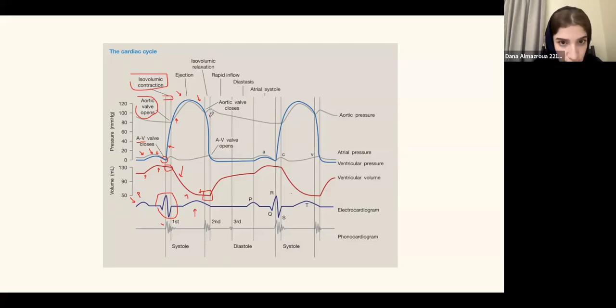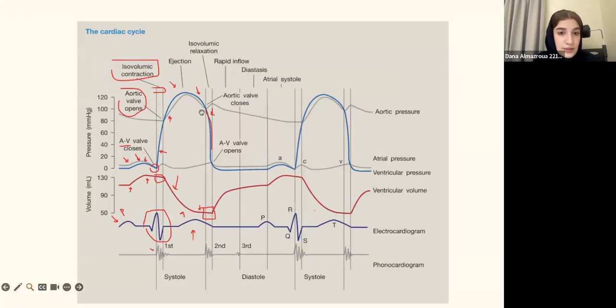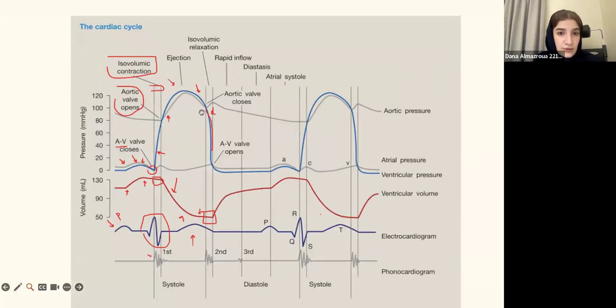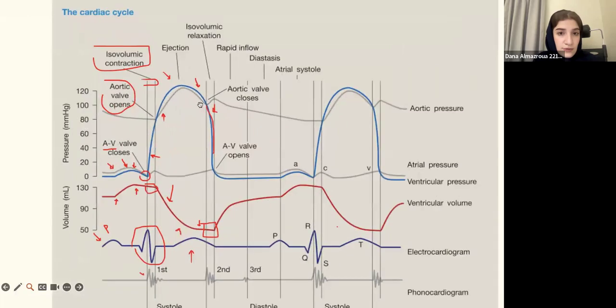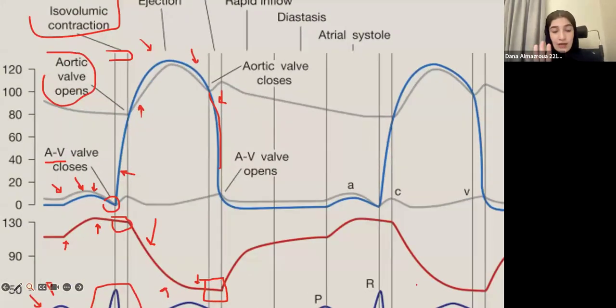If you look here, the ventricular pressure begins to drop, and it's dropping because it's relaxing. It's no longer contracting. And as it's dropping, at this point, or even before, the ventricular pressure gets lower than the aortic pressure.